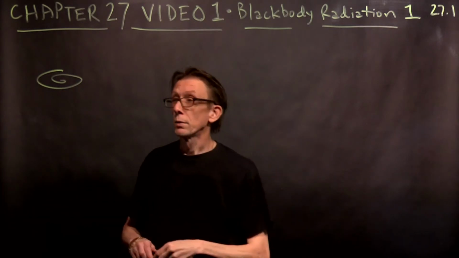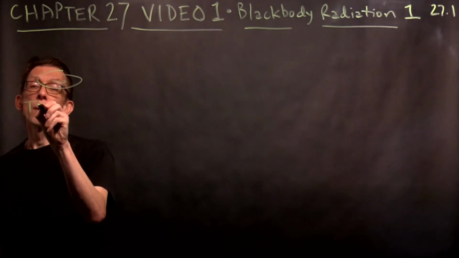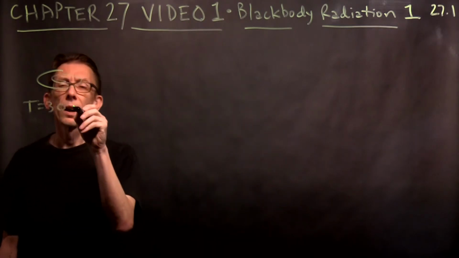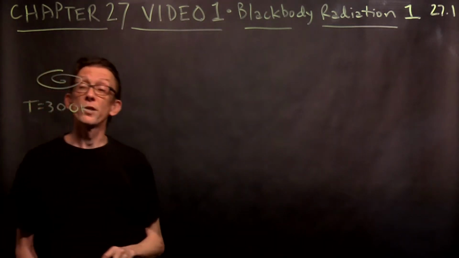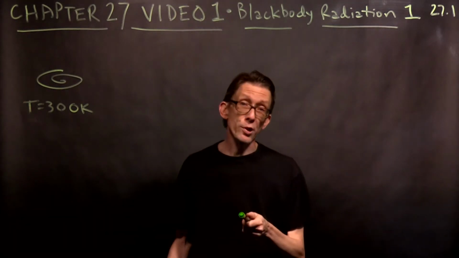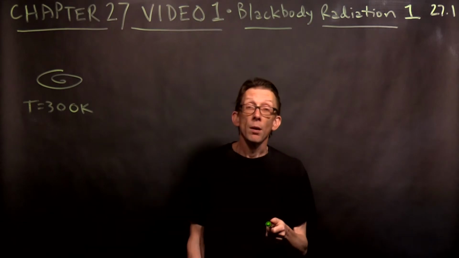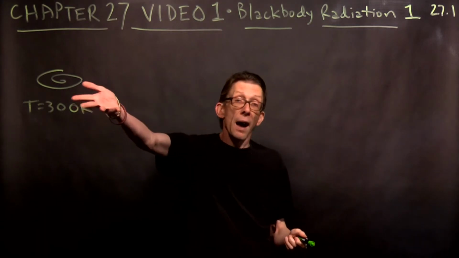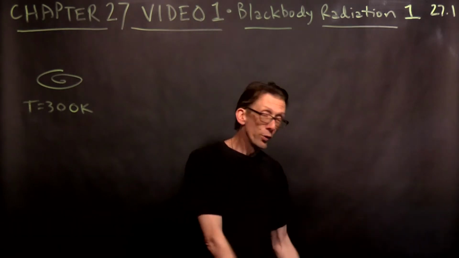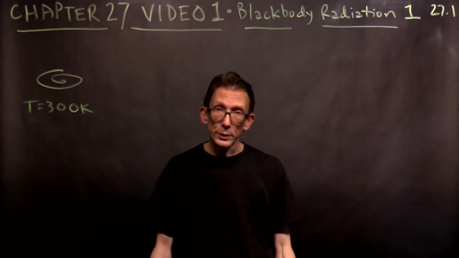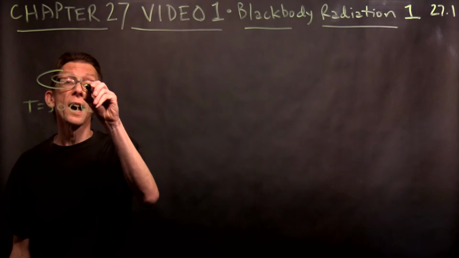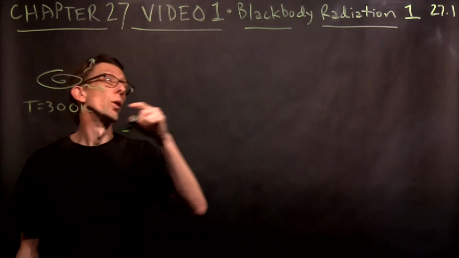Now, the temperature of that eye is about 300 kelvins or so. That's room temperature. Even at room temperature, an object, and we're talking about the eye of your stove, but it could be any object at 300 kelvins, whether it's the door or the floor or whatever, all objects at 300 kelvins actually do produce light or radiation.